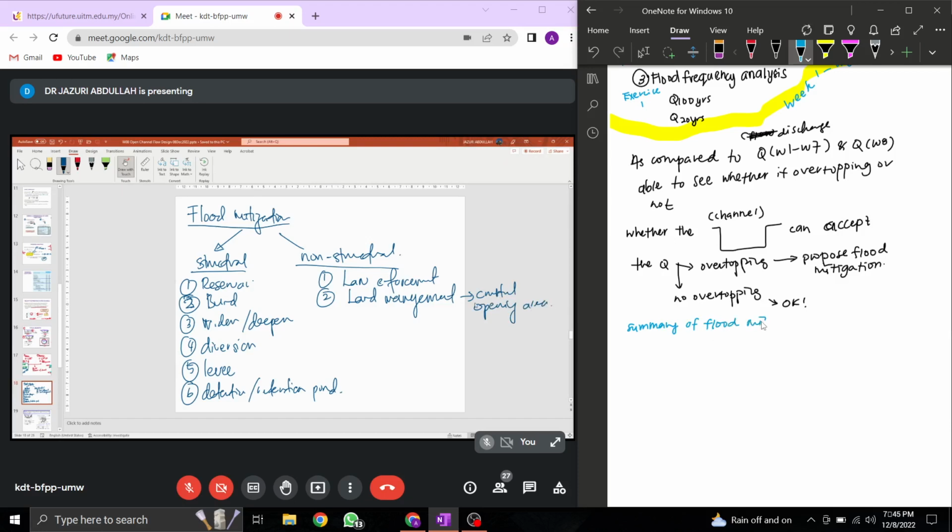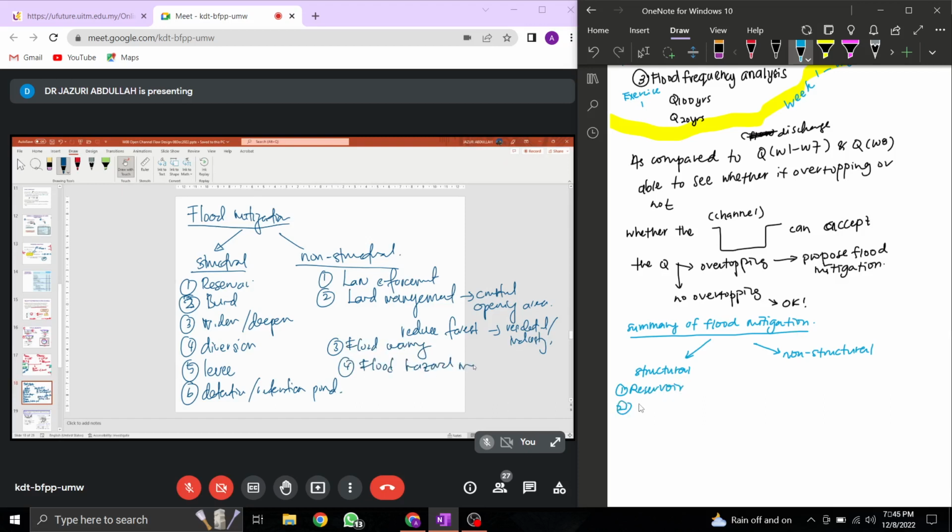Okay, so meaning that ini daripada kawasan hutan, so reduce forest to residential area, industry. Okay, and then number 3, so we can go with the flood warning system. We can go with the flood hazard map. Okay, so this is some of the example for flood mitigation.